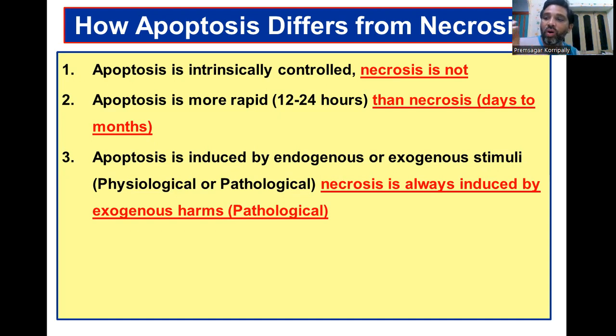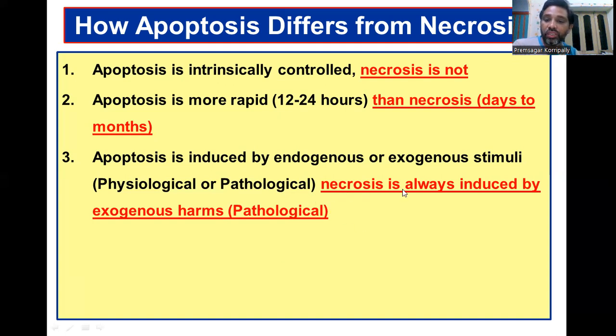Like virally infected cells also undergo apoptosis. A cell that lacks growth factor, deficiency of growth factor, also leads to apoptosis. For example, if a cell is exposed to a harsh environment like radiation that breaks down the double-strand DNA, that also leads to apoptosis.